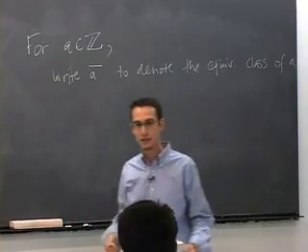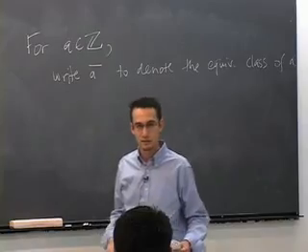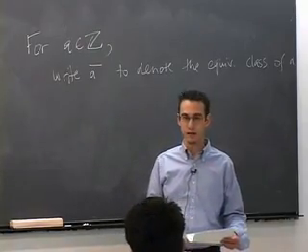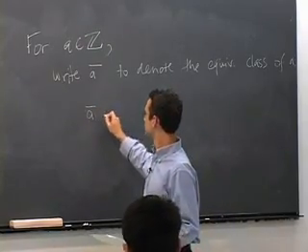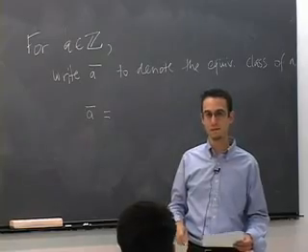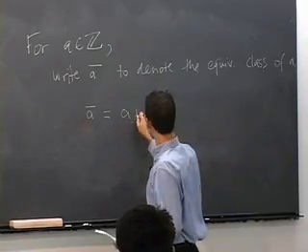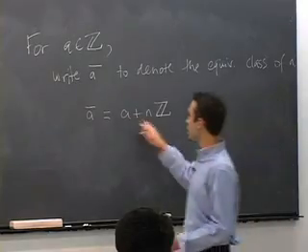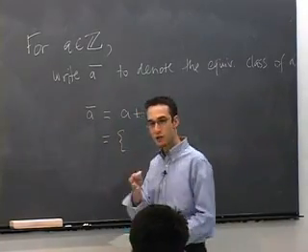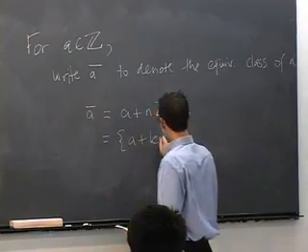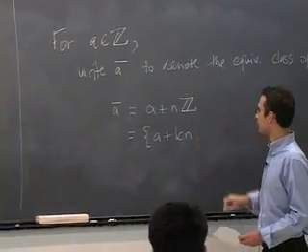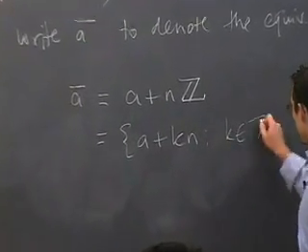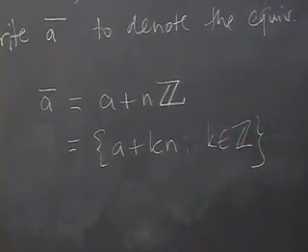Yes, it's a set of all numbers a plus nZ. Exactly. a bar looks like a plus nZ, or, as you put it, all things of the form a plus kn as k ranges over Z. These are the same thing.